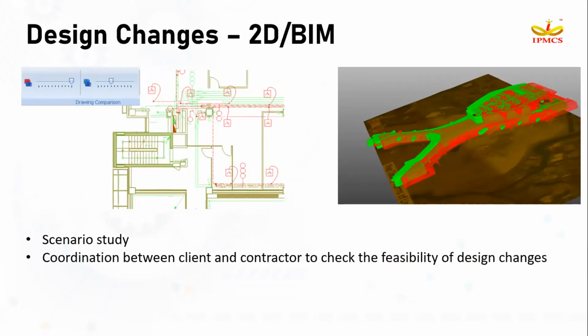With this auto revision facility, you can have a clear scenario study. Scenario study is nothing but: this is the older drawing and this is my newer drawing, this is what the changes are, and this is the cost effect after the changes. That's how you can understand your different scenarios.